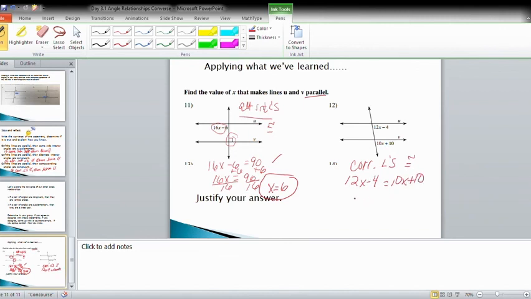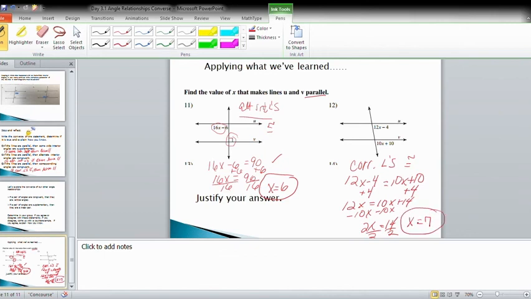Let's add 4 to both sides. We get 12x equals 10x plus 14. I will subtract 10x from both sides, giving me 2x equals 14, divide by 2, so x equals 7.